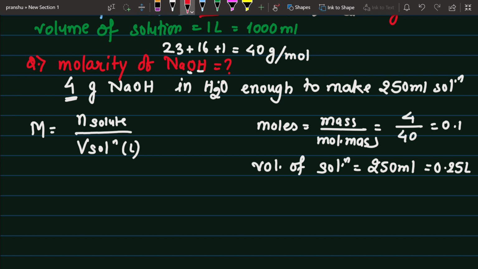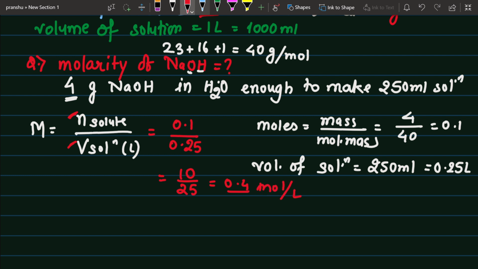So the moles of solute is 0.1 and volume of solution is 0.25. Now it is 10 upon 25, so the answer becomes 0.4. The unit becomes mole per liter.